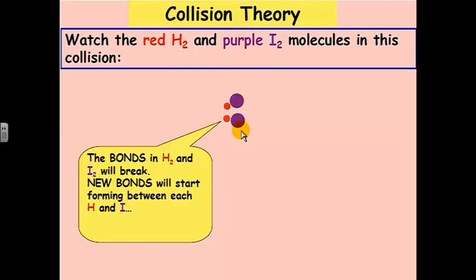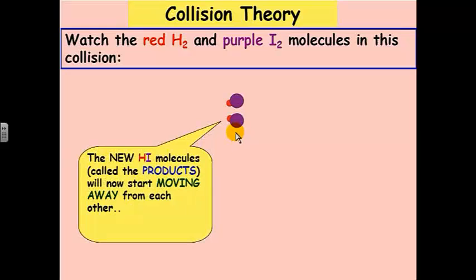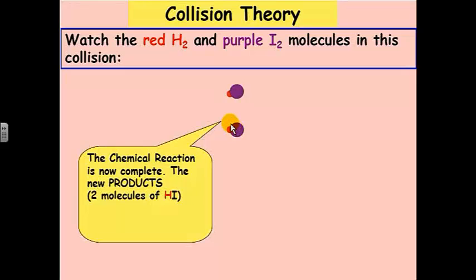And then new bonds will start forming between the H's and the I's. Now the new HI molecules, called the products, start moving away from one another. So the chemical reaction is now complete. The two new products, two molecules of HI, have now been formed and are stable.